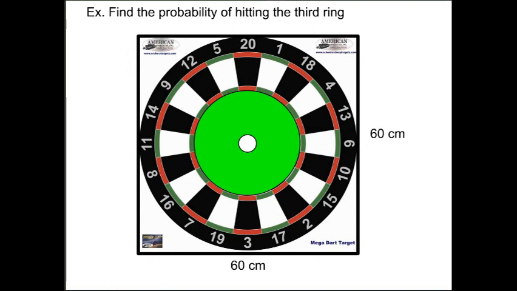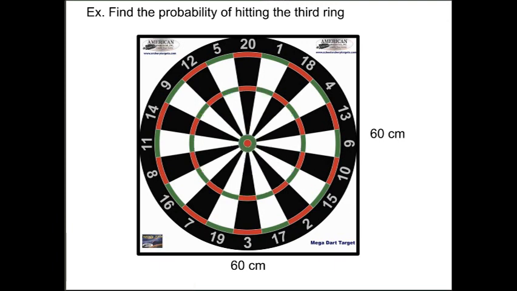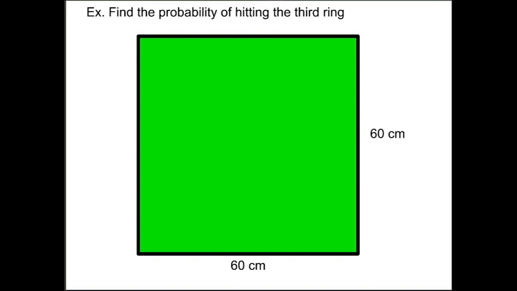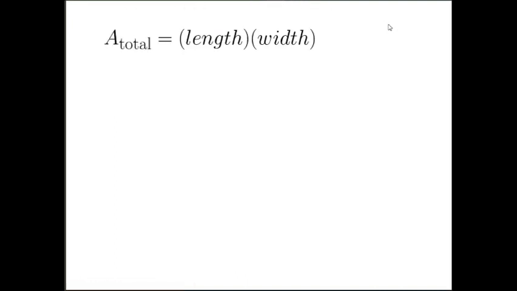So what I want to find first is the total area. And to do that, I'm going to need to figure out this area right here of our board. And if you guys notice, our length is 60 centimeters and our width is 60 centimeters. So that means that we have a square. And to find that area, we're going to multiply the length times the width.